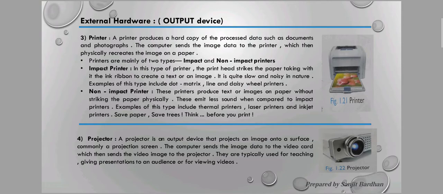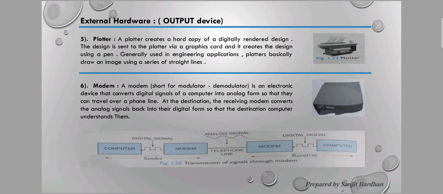Okay, next is plotter. Plotter is also an output device and is similar to a printer. A plotter creates a hard copy of a digitally rendered design, and the design is sent to the plotter via a graphics card, and it creates the design using a pen.